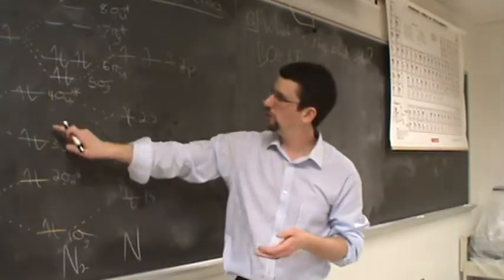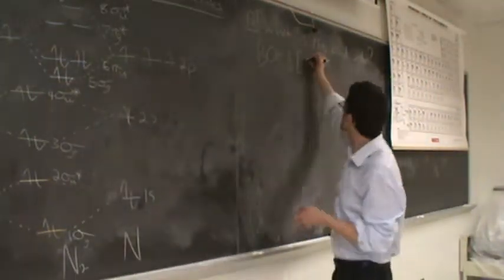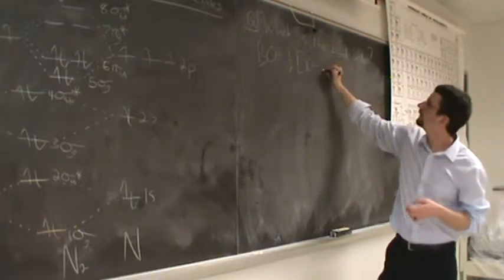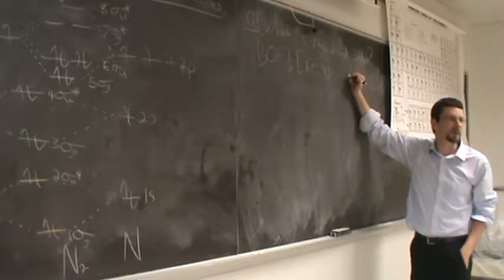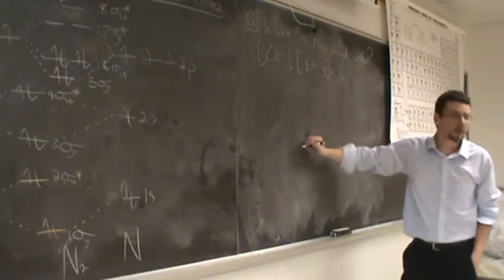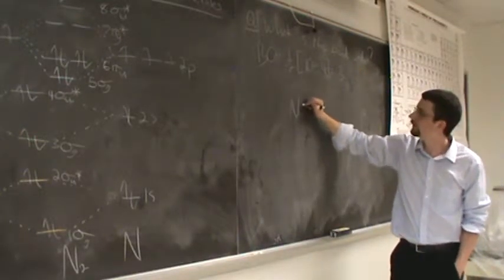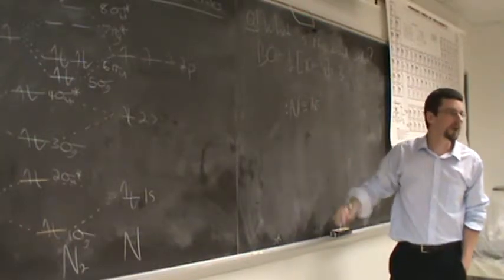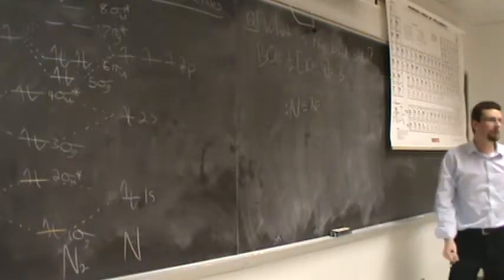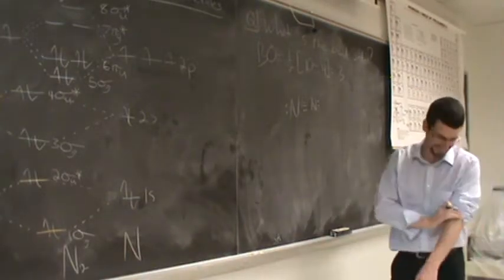Yep. 2, 4, 6, 8, 10. Anti-bonding? 4. That's going to be a total of what? 3. You can draw out that bond, triple bond. Bingo bango, right?